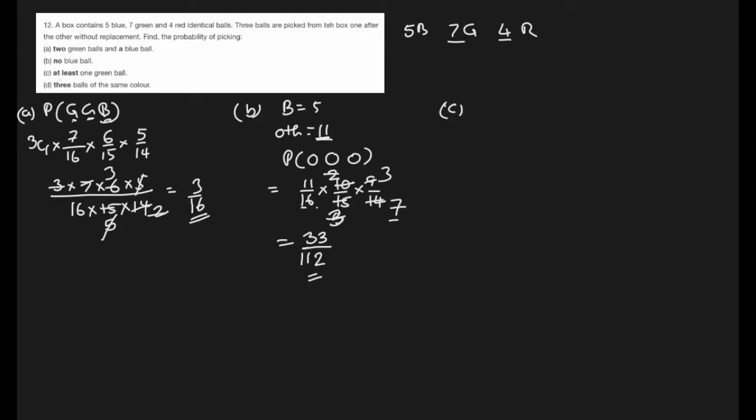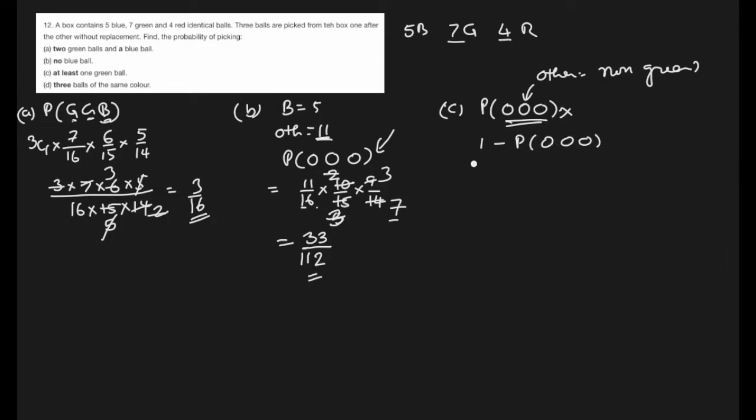Now see, at least one green ball, at least one. That means we do not want a case of other, and here other is non-green. Similarly, we'll do just like what we did here, but this time we want at least one green. That means we don't want this case where there are only other balls. So we will write probability 1 minus other.